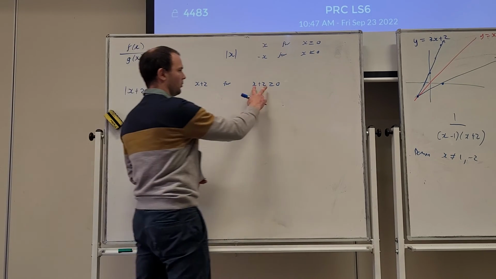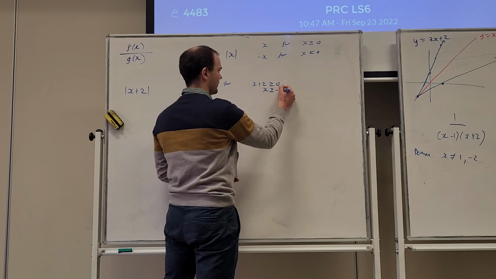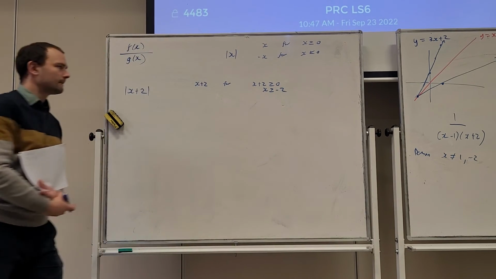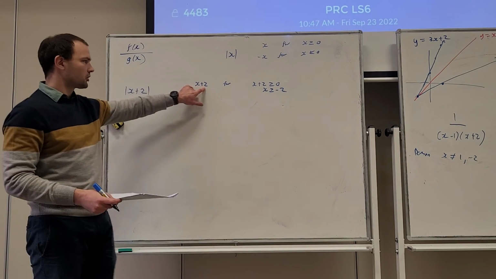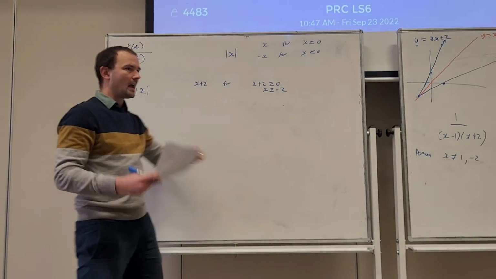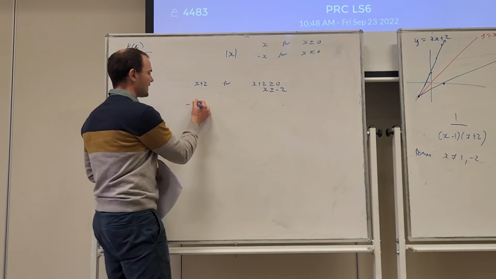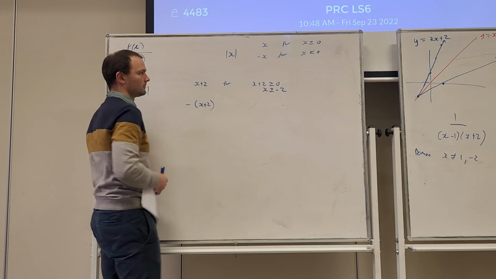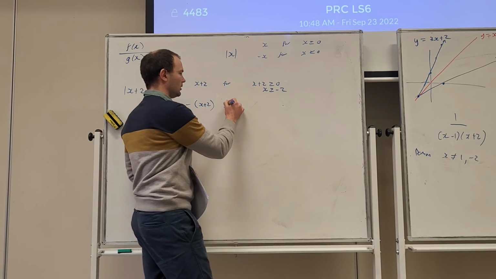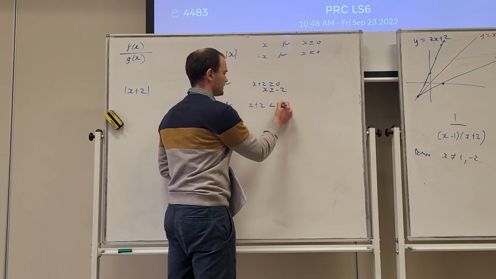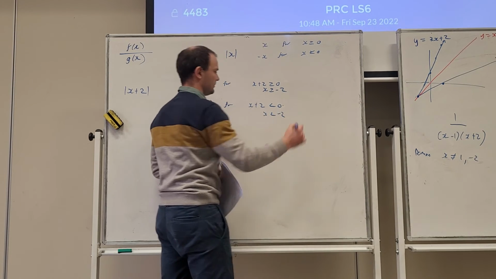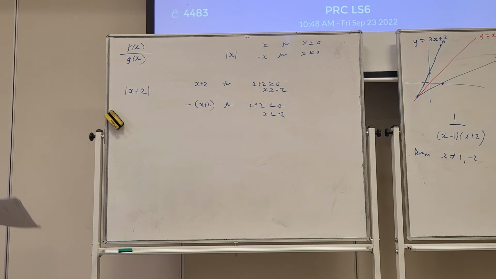What does this inequality solve to? x is greater than minus 2. So it's this function over that domain, and it's going to be negative (x plus 2) for x plus 2 less than 0, x less than minus 2. Okay, so we've defined it for those domains.